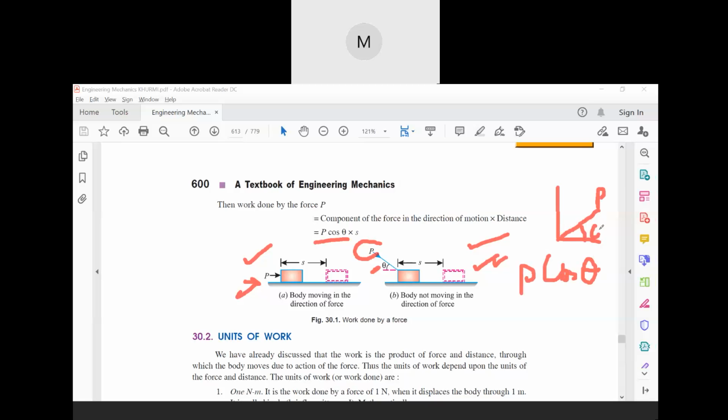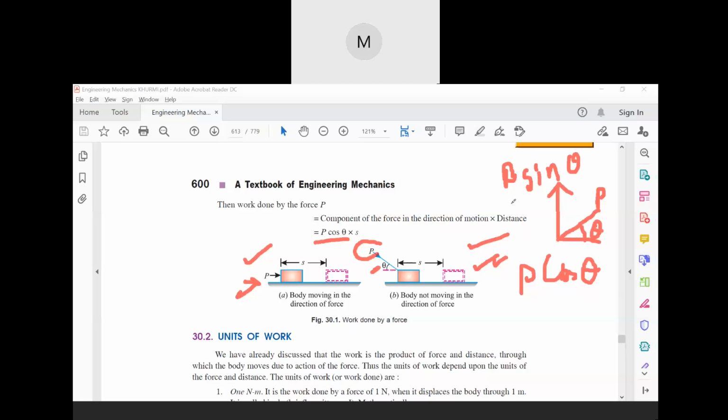If this is theta, what will be on this side? It will be P sin theta. है कि नहीं? समझ रहा है?